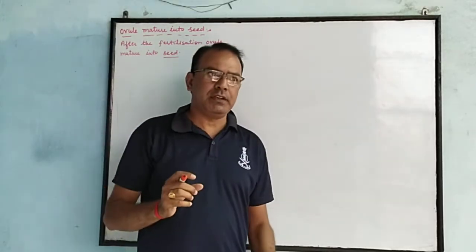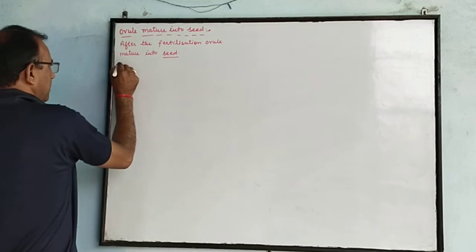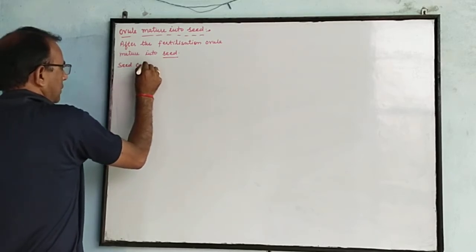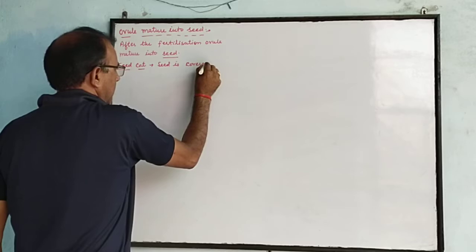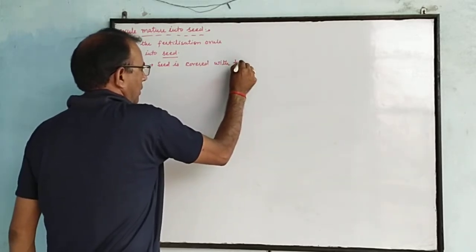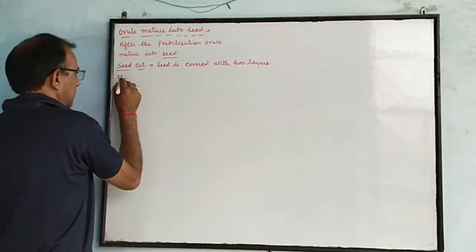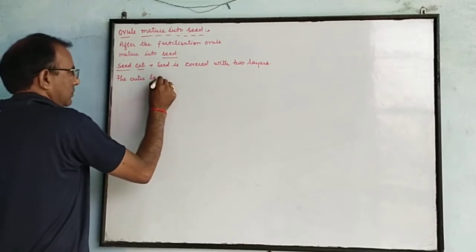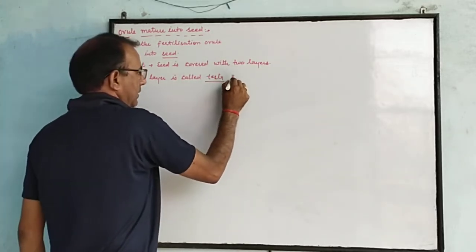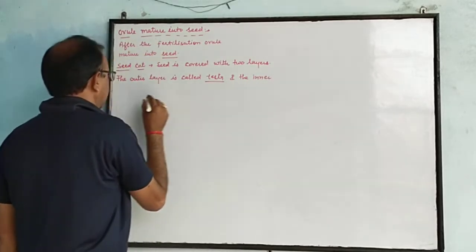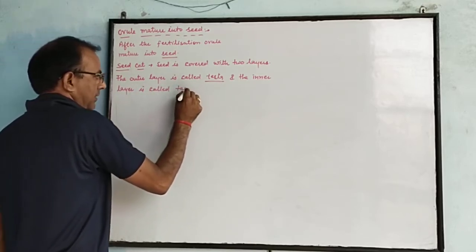A seed is covered with two layers. The outer layer is called the testa, and the inner layer is called the tegmen.